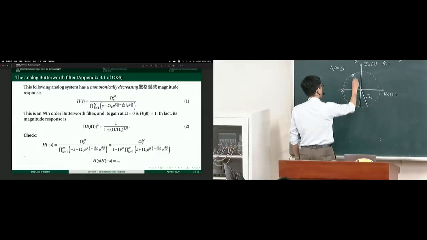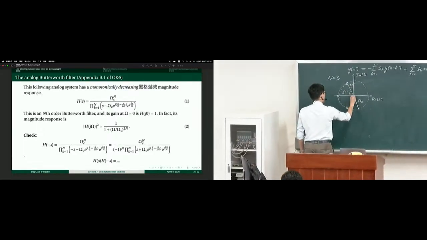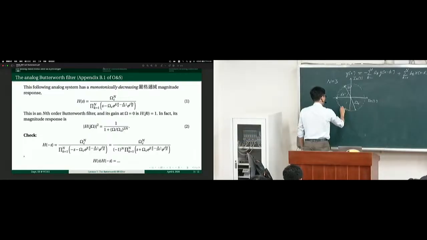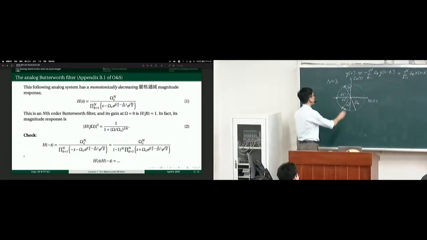We are going to cut the pizza, and this is going to be 30 degree, this is going to be 60 degree. Same thing. I'm not cutting this so well now. 60 degree, equally spaced, 30 degree. So that's for n equals 3. Actually, 3 poles. You see what I mean?